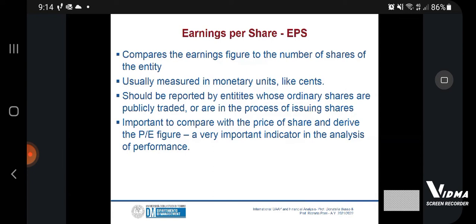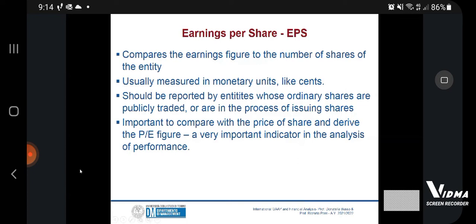So the price figure in this indicator, P/E, depends on a special market, and it reflects usually the expectations and perspectives for the future on behalf of investors. The more I expect the company to be successful in the future, the more I'm ready to pay to purchase the share or stock in that market.